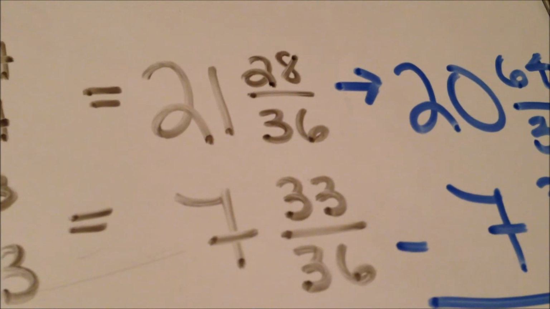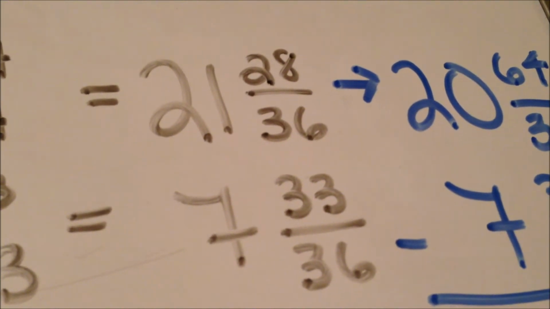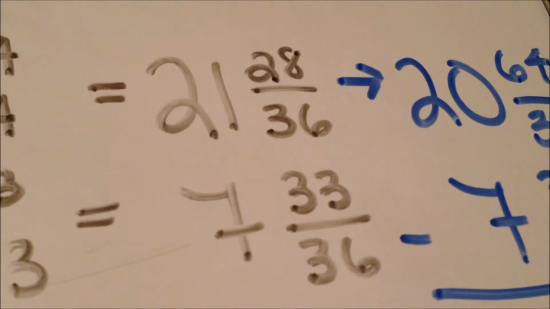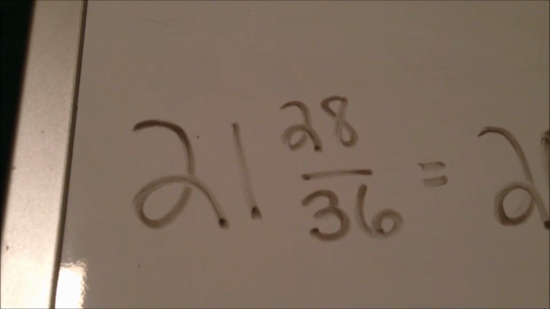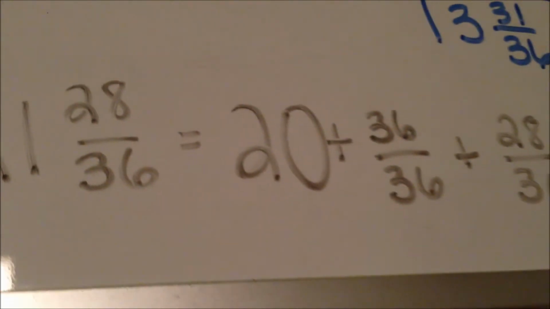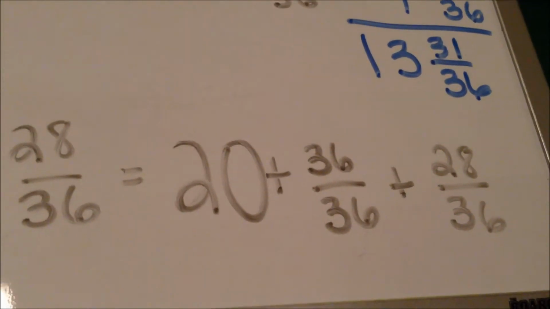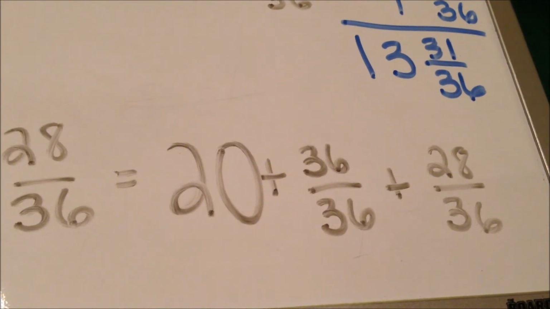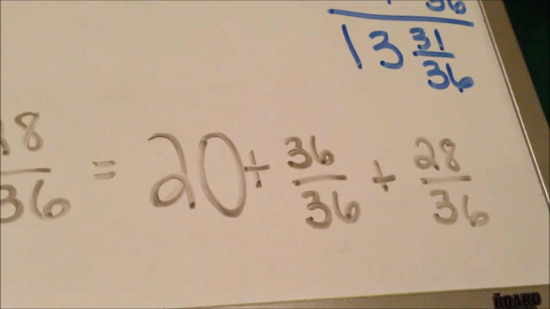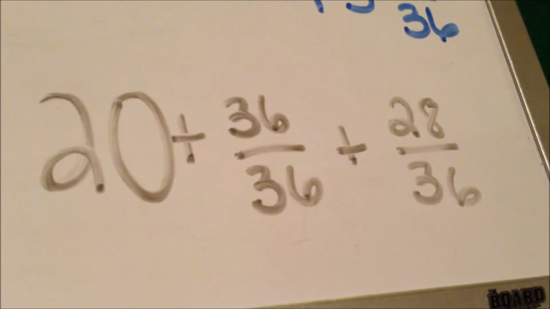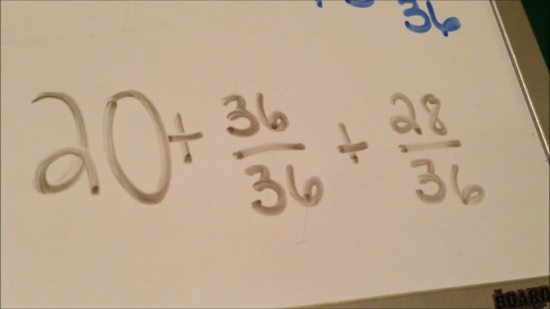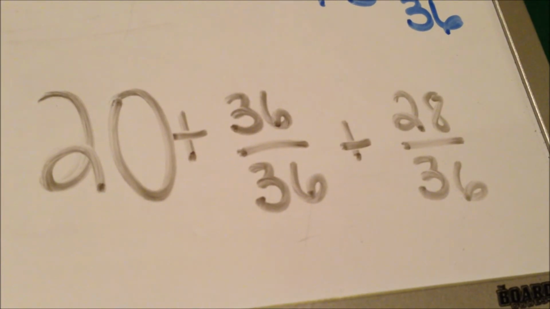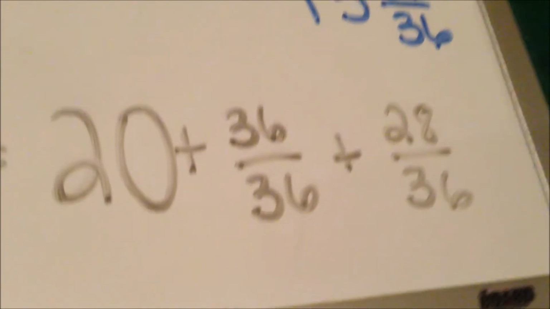Now, in terms of subtraction, if we did 28 minus 33, we'd end up with a negative number, so we have to use the borrowing method. 21 and 28/36. Let's split 21 into 20 plus 1 whole, which we can represent as 36/36, plus 28/36. So our new mixed number will be 20, and 36 plus 28 gives us 64/36.